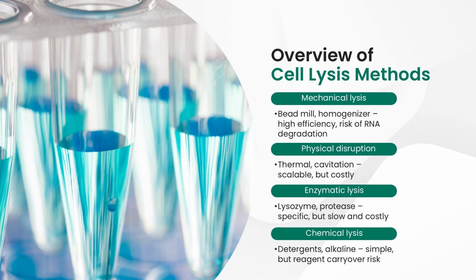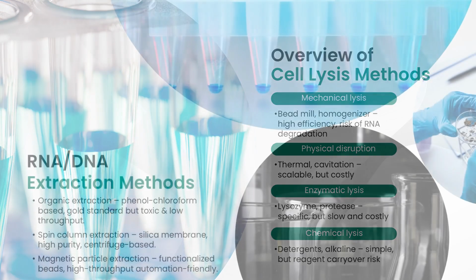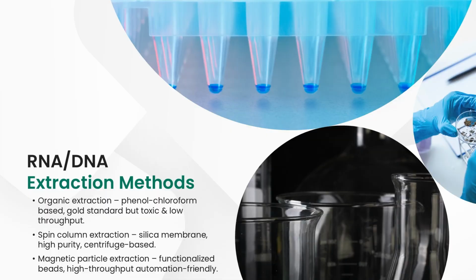After lysis, we move into nucleic acid purification. Let's explore the main extraction approaches. Currently, three strategies are commonly used for DNA and RNA purification. Organic extraction, using phenol chloroform, is the traditional gold standard, but it's labor-intensive and hazardous.